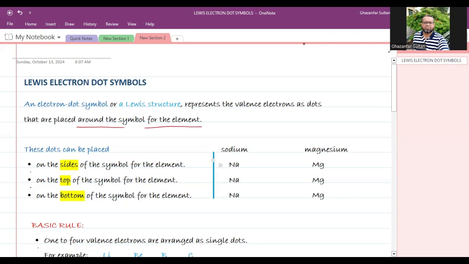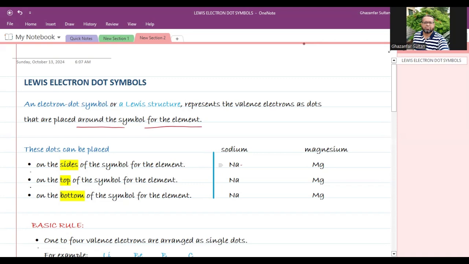For example, sodium. So the problem is that around the symbol, where should we place the dot? See, it could be placed on either side of the symbol.